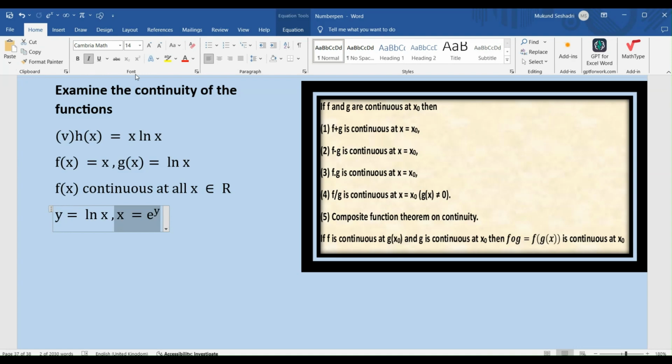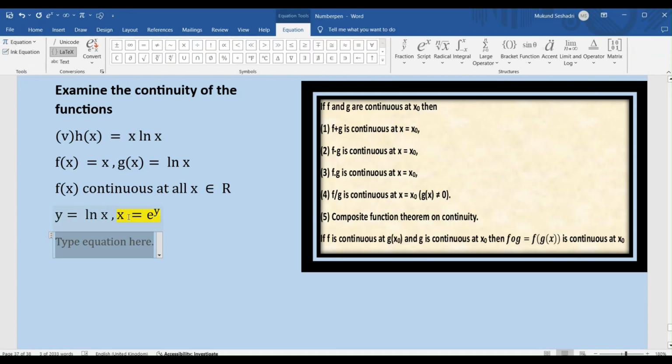So let me highlight this and I'm going to move to the next line and I'm going to discuss this particular function, inverse function, right? When you observe this, we know that e to the power y, e is a constant and y can be any number, right?